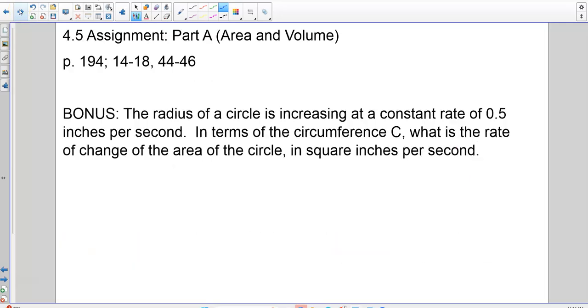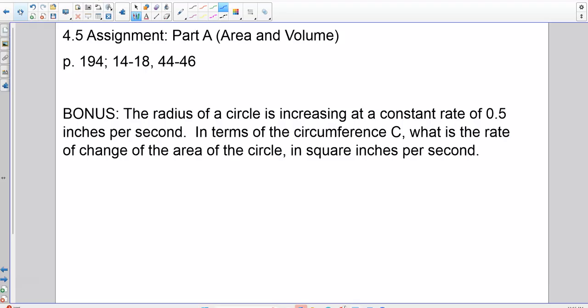So, tonight, let me look at these and I'll tell you which ones you can do based on what we've done. We're on 194 and 14. 14 you can do. I want you to try 15.